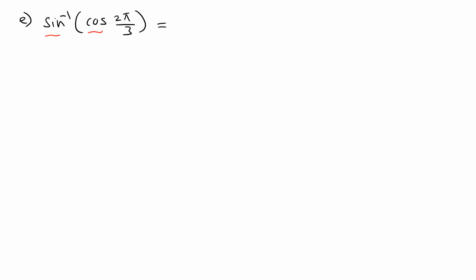You can see that 2 pi over 3 is in the second quadrant, so the reference angle is pi over 3. That's the reference angle, and you can also directly calculate cosine pi over 3.